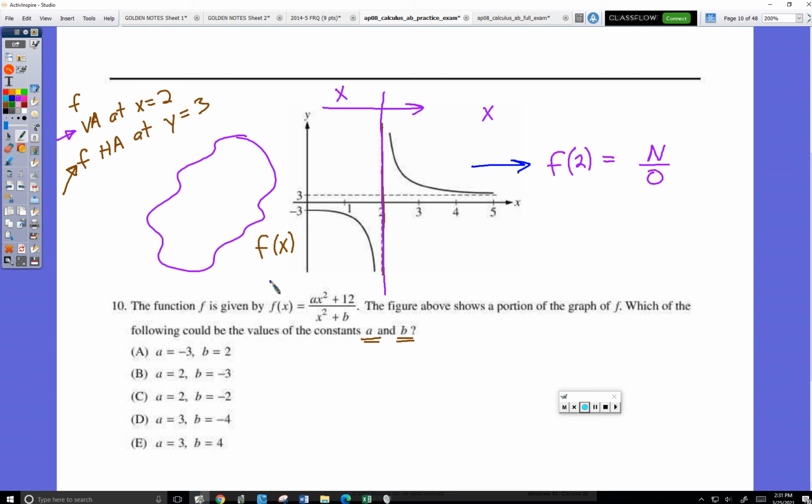How do you make this formula for f be a number divided by 0 when the x value is 2? b is -4. b would have to be -4. Questions?